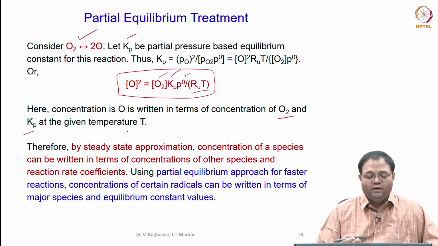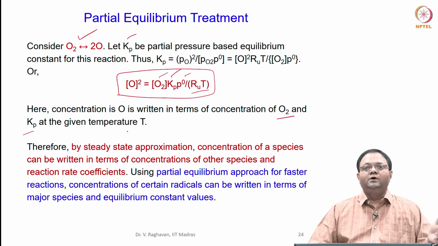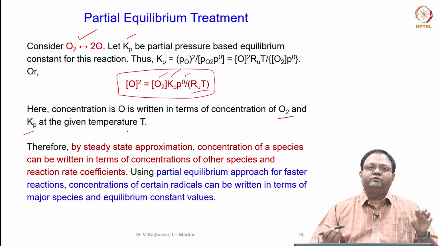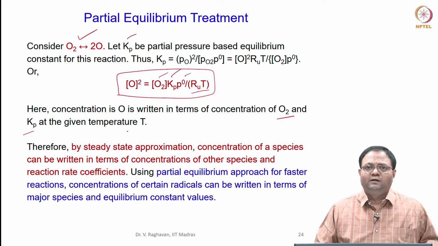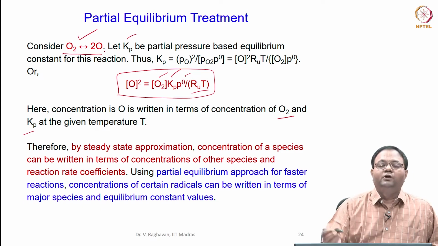So, with these two approaches, we have seen that the first approach, the steady state approximation, can be used to write the concentration of some radicals as a function of other species, rate coefficients, etc., so that a partial differential equation need not be solved for that radical. We can assume several radicals like that. Similarly, this is one of the reactions which we consider to be in partial equilibrium.